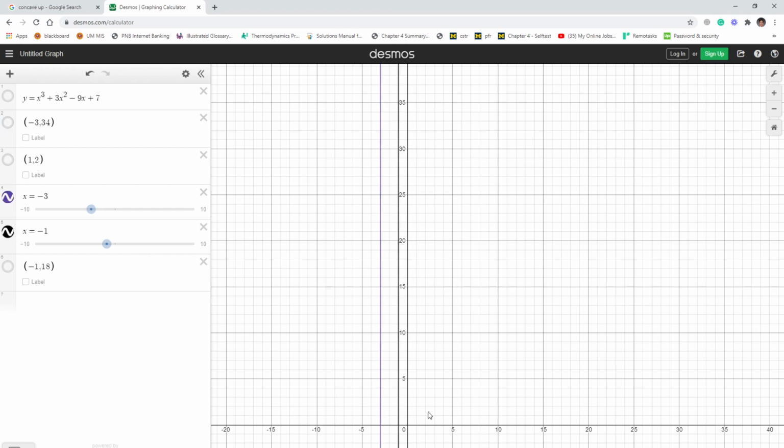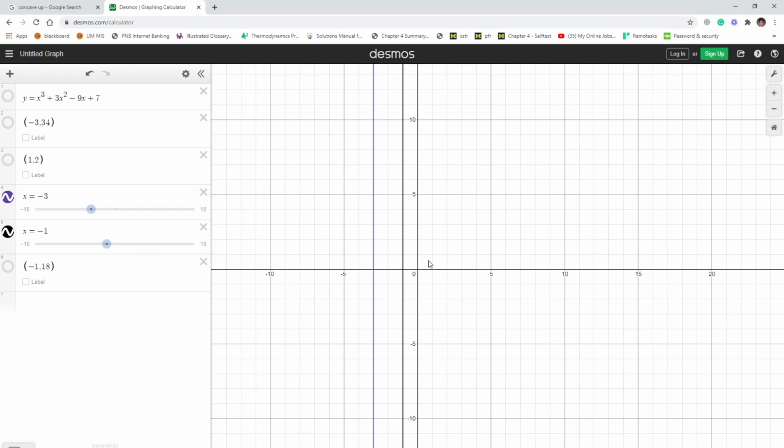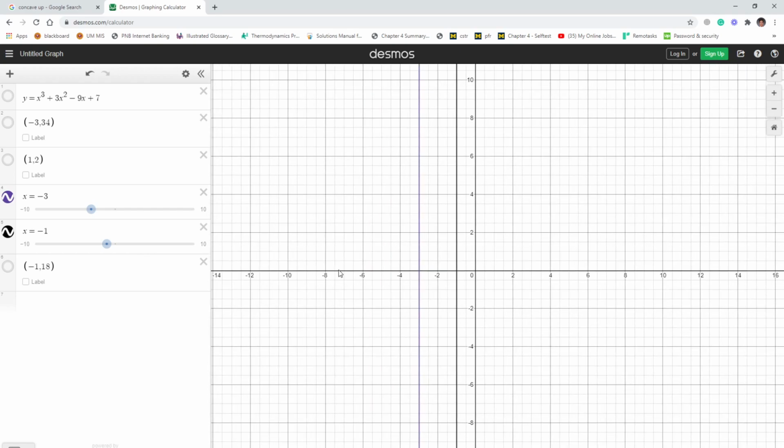So in some videos makuha ninyo as the sign chart. So ni siya ang mga mahimong intervals. So from the negative infinity to negative 3, our first interval.